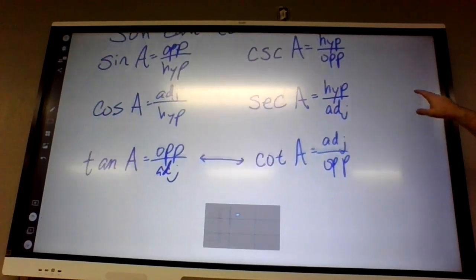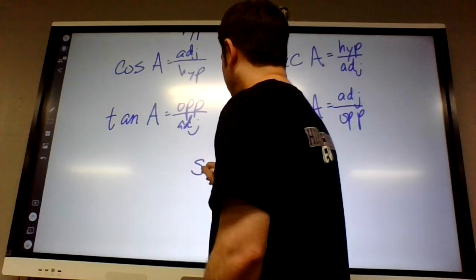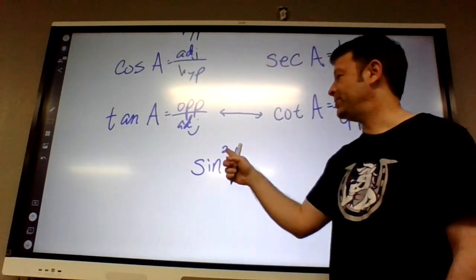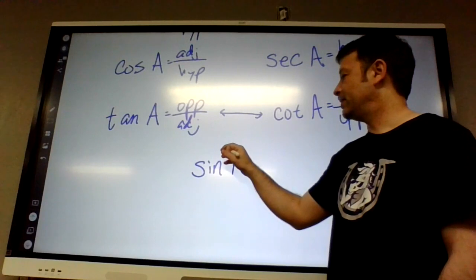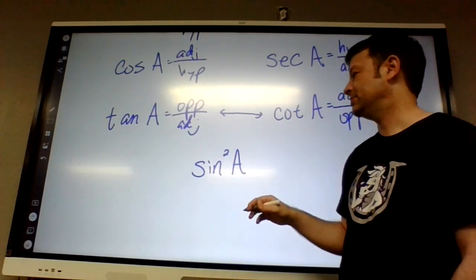Okay. Next rule. Turns out that sine squared, by the way, when they do sine squared, for some reason, whoever decided this, they decided to put the square right there so it doesn't look like you're squaring the angle.